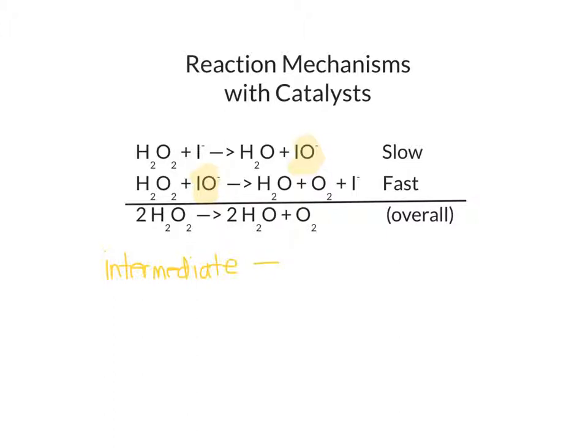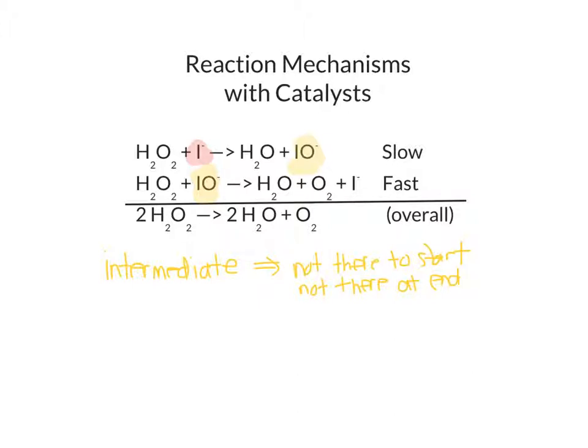So the hallmark of an intermediate is that it's not there to start, and it doesn't show up at the end. It's not a product. It's just there in the middle. It's an intermediate. On the other hand, we have the iodide, which is present at the beginning.